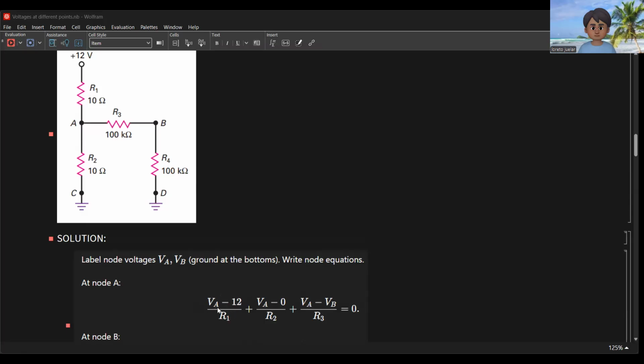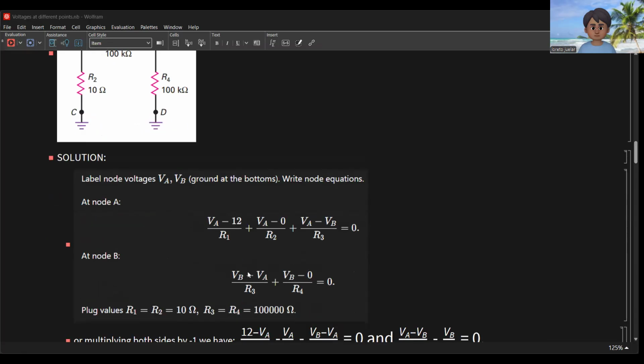This is a line entering point A, and this is the current entering point A along R1, and this one is the current leaving point A along R2, and this one is the current leaving point A passing R3.